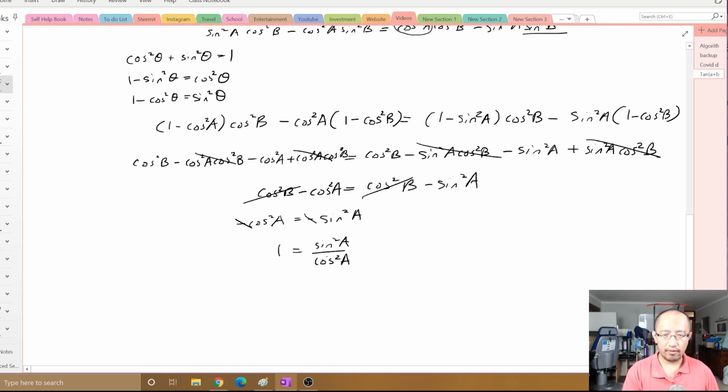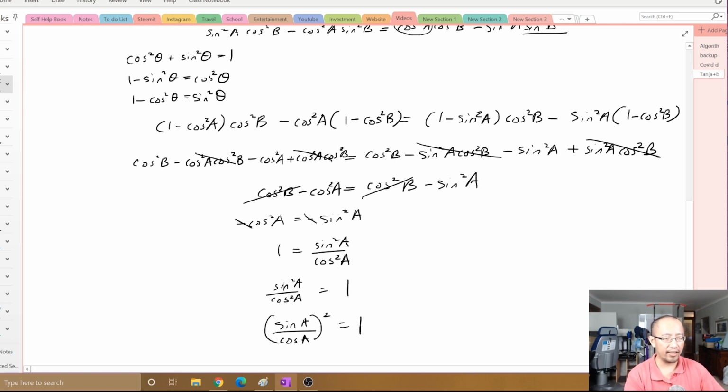Okay, so sine squared a over cos squared a equals 1. So that's obviously the same as sine over cos, squared, equals 1.